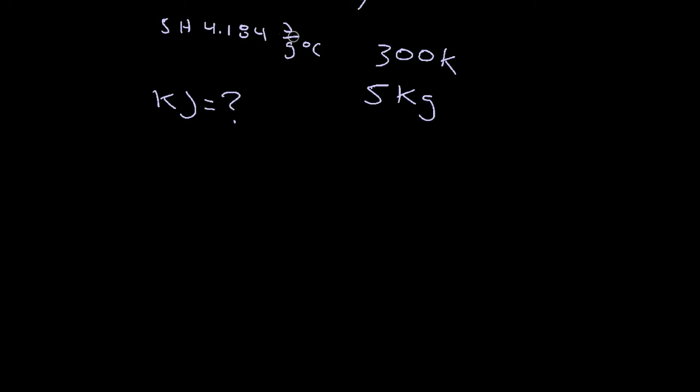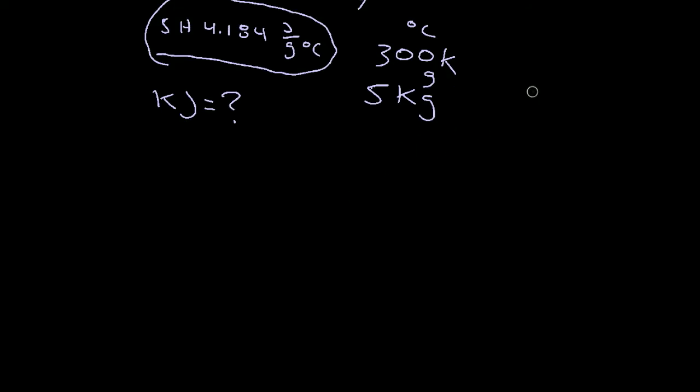You can convert specific heat into kilojoules per kilogram per Kelvin, or you can just convert this from Kelvin to degrees Celsius, kilograms to grams, and then that'll give you your final answer in joules. Convert that to kilojoules. At this stage of the game, that's probably how I would do it if I were you, just because this might be opening up a whole other can of worms to make silly mistakes and get the wrong answer. So I'd probably stick to doing it this way.